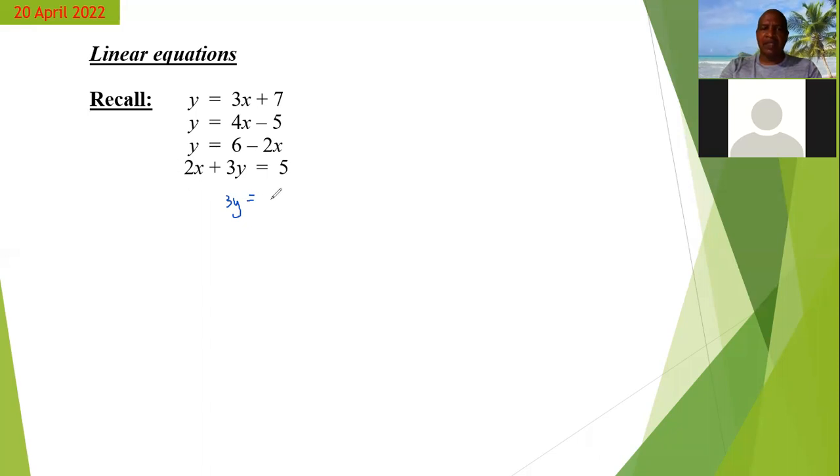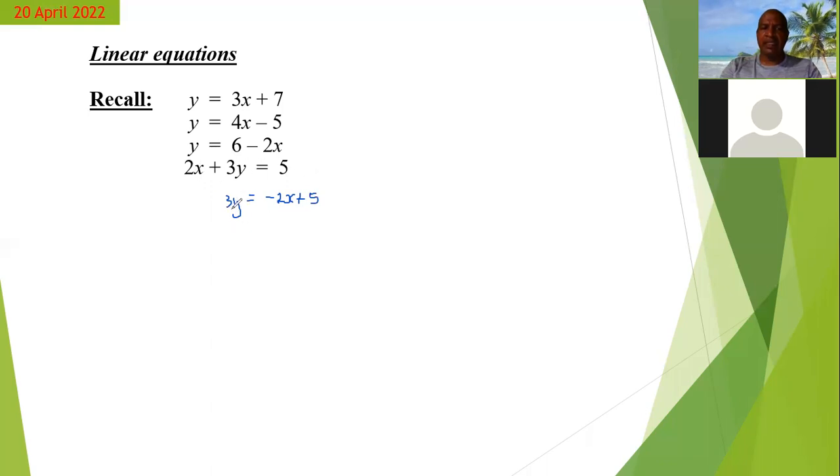I'm going to write it before the 5, because I want it to appear like the ones up here with the x in the first term on the right side. So we would have negative 2x plus 5 when we move the 2x to the right side.